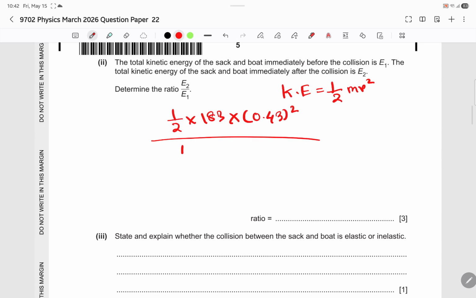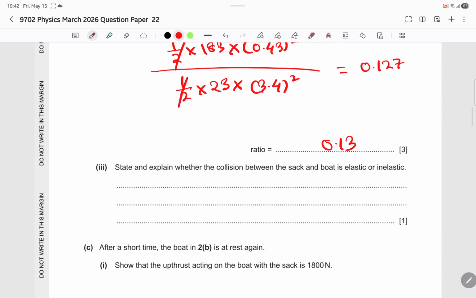Before, the mass was 23, so just write the same thing except with the mass different and the speed different. 3.4 squared, this cancels out, and just use the calculator. And we get 0.127, which we round off to 2SF is 0.13.